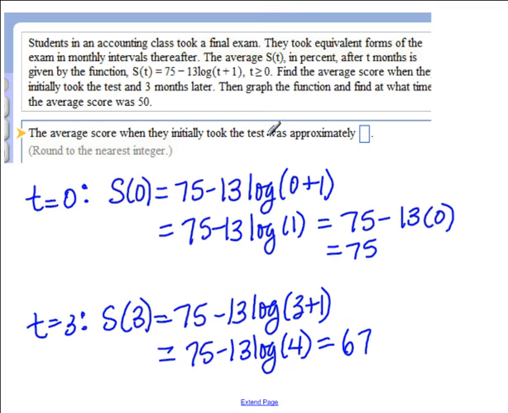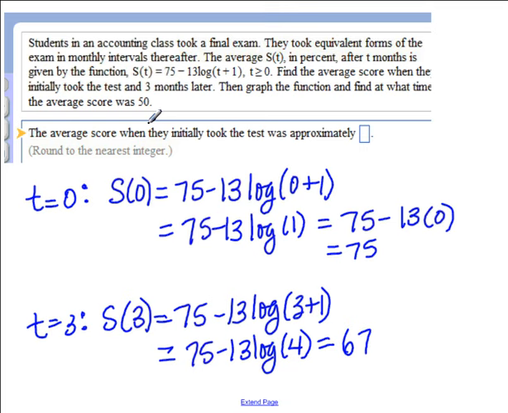Okay. And then it says to graph the function and find at what time the average score was 50. So if you wanted to graph that on the calculator, 75 minus 13 times the log of x plus 1. Now you're going to have to change your scale, because we're looking for a y value of 50.